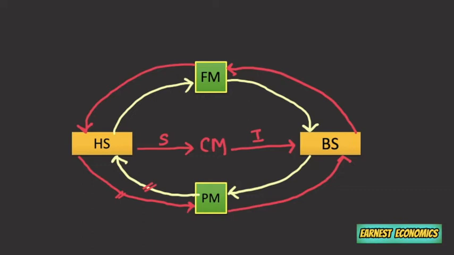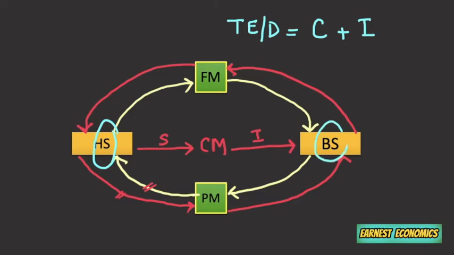Now one important thing that we need to keep in mind in the case of the two sector model is that the total expenditure or the total demand has two components. One component is the demand by the household sector, which we call consumption expenditure, and the second component is the investment expenditure, which is incurred by the business sector to make its investment.